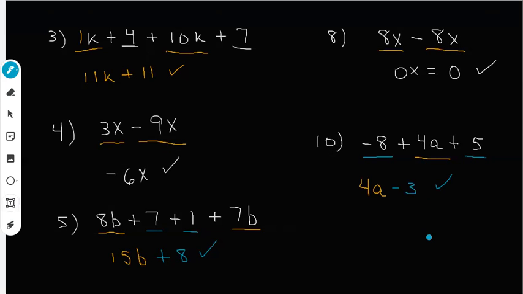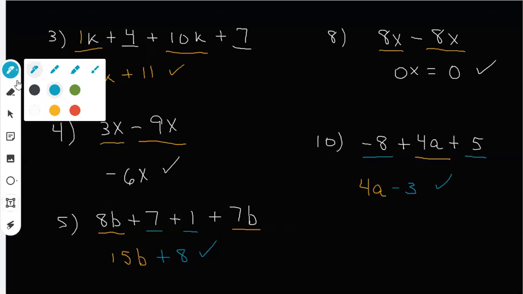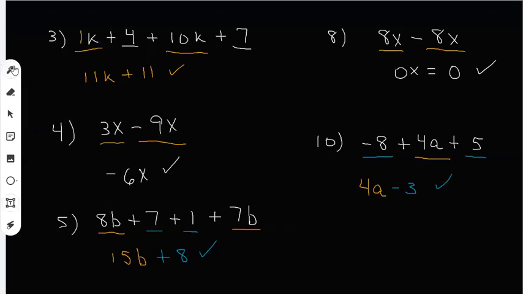Now, I am going to do one more question. This isn't one of those on the problem sets, but we'll do this one on the next slide. We'll just call this number 11. So let's take a look at number 11.